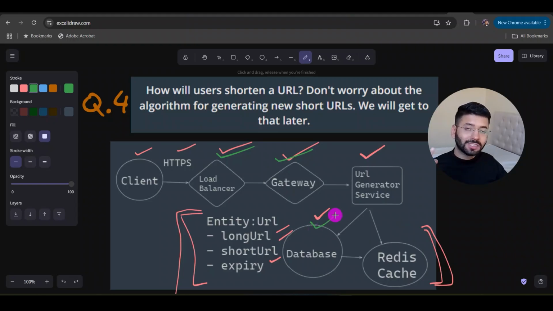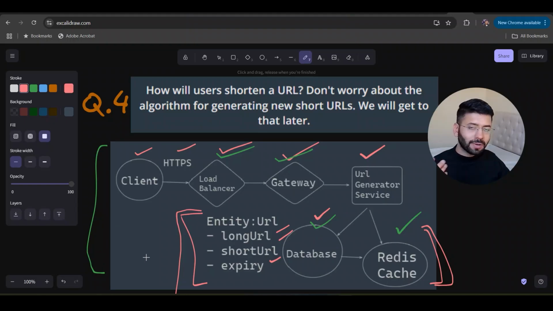The database will be used for persistent storage. Redis would be used in memory, as a cache where the responses would be quite fast, and it would reduce the load on the database. Another good thing in this diagram is that I have created all different components and described the role of each component. So that is very nice in this architecture.